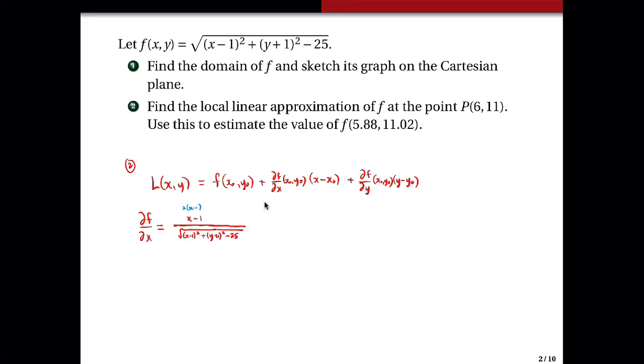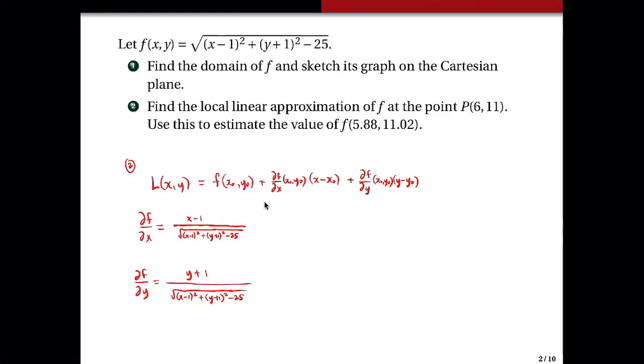On the denominator, you have 2 square root of something. So the 2 cancels each other. That's why I just wrote x minus 1 up there. Okay, and then of course same story for the y. We have partial of f with respect to y. We'll just have y plus 1 divided by square root of (x minus 1) squared plus (y plus 1) squared minus 25.